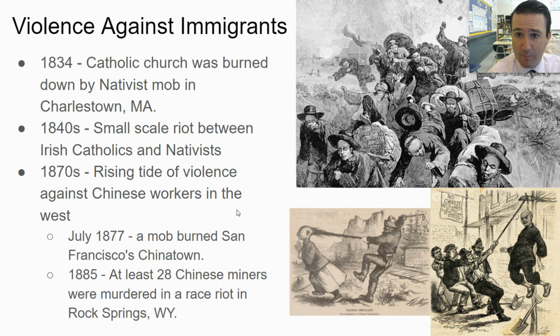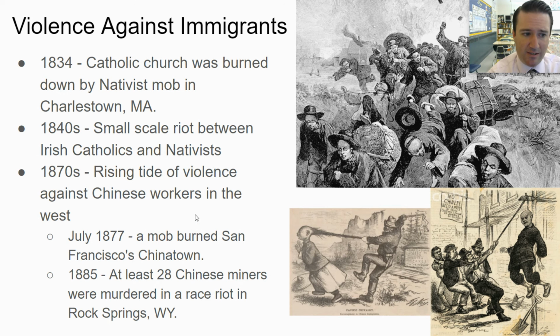Well, when many of them decided to stay and continue working and trying to establish a life here in America, there was going to be some pushback. And the physical features of the Chinese were certainly different than European physical features, which probably played a role in the targeting of this particular group over other immigrant groups.